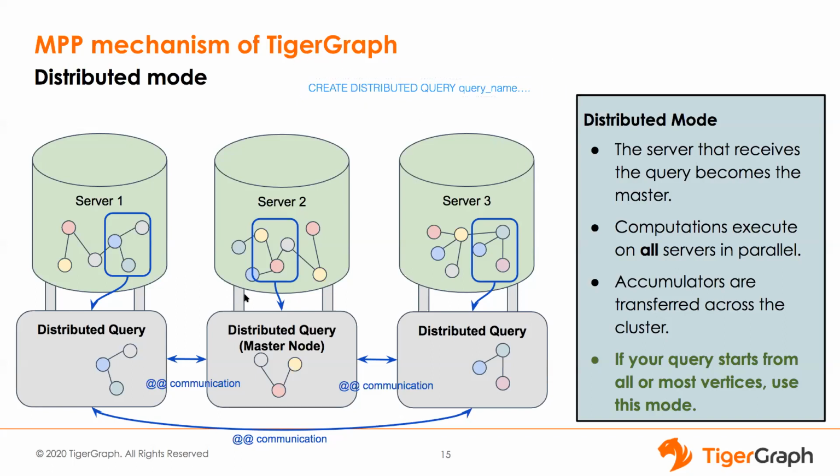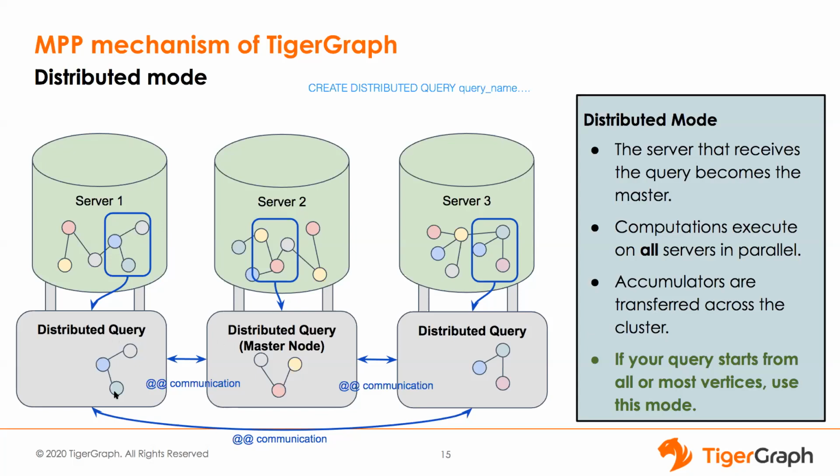So in distributed mode, it's obvious, right? According to its name, we know that all the servers do the graph analytic, the graph traversal, together in parallel, also distributedly. They only process the part that is stored on that server. So server 1, 2, and 3, altogether, will handle the distributed query processing.